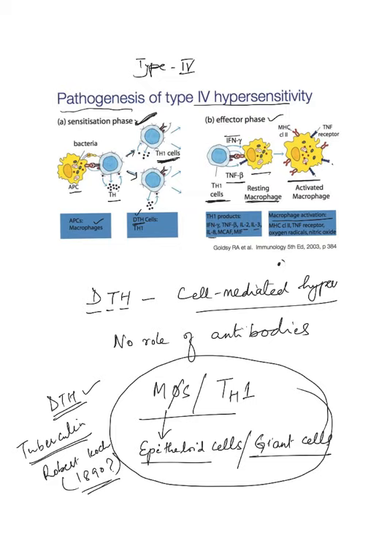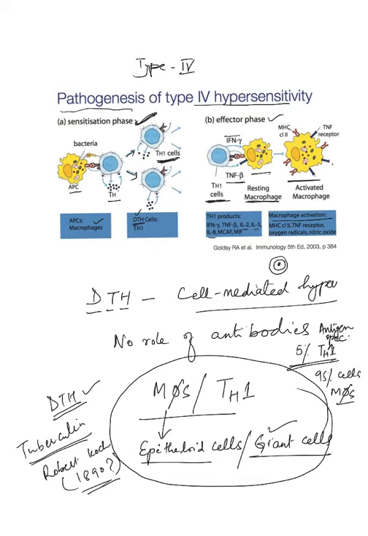They surround the antigen, and as a result there will be tubercle formation. If we look at this kind of tubercle, we'll see that around 5% of these cells are antigen-specific Th1 cells, only 5%. 95% of the cells in the infiltrate would be non-specific cells and macrophages and maybe giant cells.